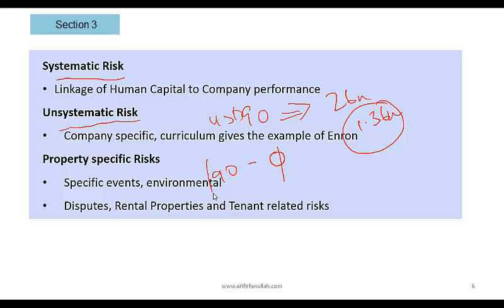Okay. The third event is property specific risks. We're talking about real estate here. So imagine a situation where there is a new hotel opening up, and there is a dispute between the parties, and you've bought a portion as a retailer in that property, and now it's not being completed because of that dispute.